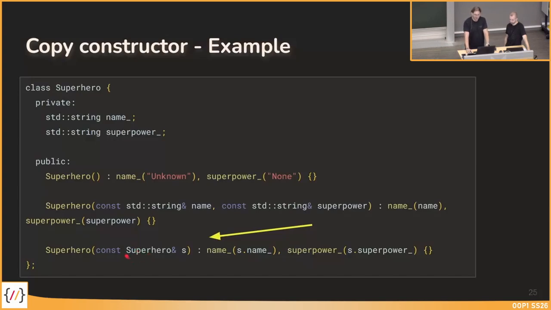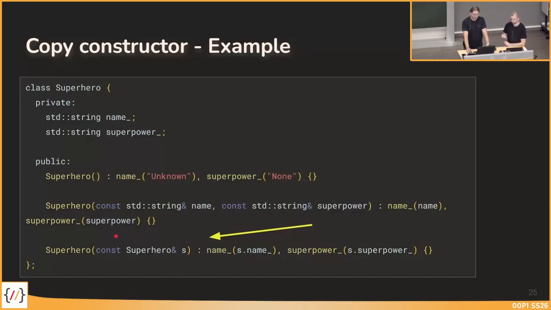We pass an argument of the same class type, so superhero here, and then we copy all the contents of this argument, the superhero that was passed, to our new object, again using just the initialization list, but without modifying anything of the passed argument. This is basically what a copy constructor does and how it looks.